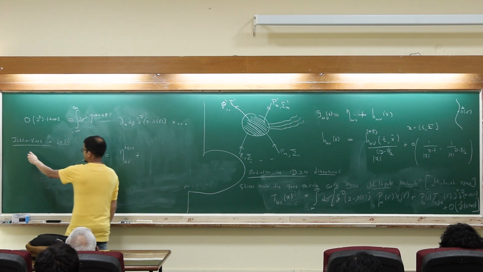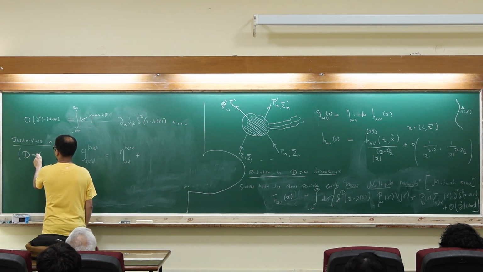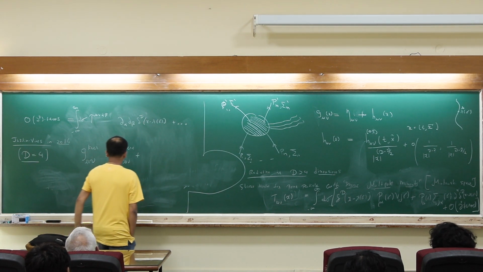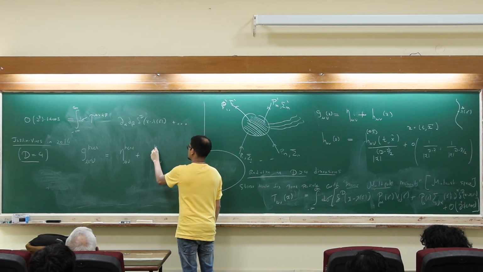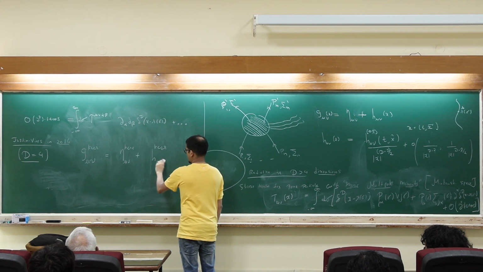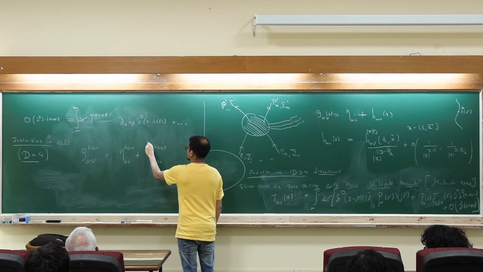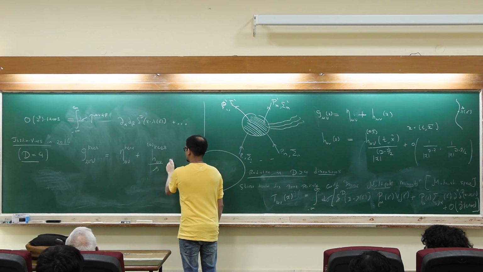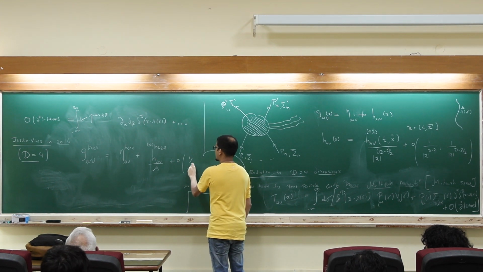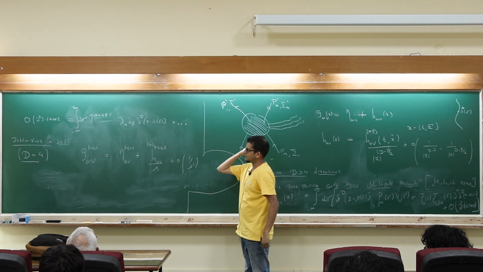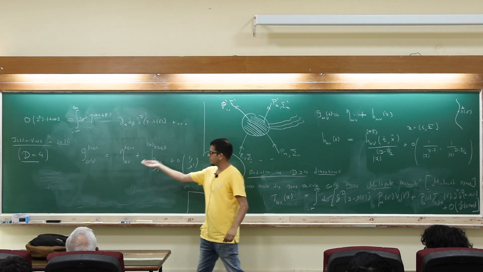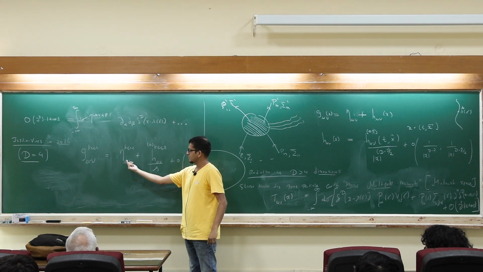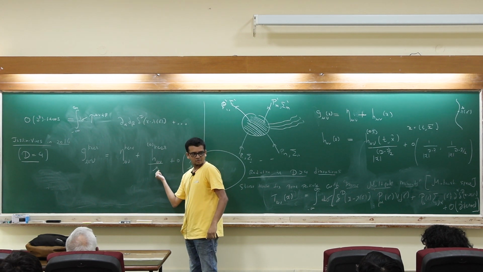This is in 4 dimensions, for example; his proof was in 4 dimensions. This is simply a result of taking your Kerr metric and doing an expansion in large R, that's it. In 4 dimensions, you get a term which is the flat metric and a correction term which goes as 1 by R.